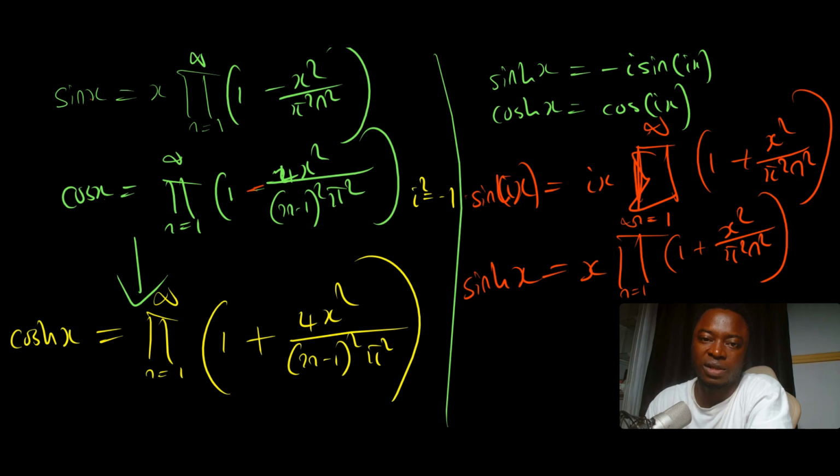For example, if we have to find the integral from 0 to infinity of sine of x over x dx, we are better off using the series for sine. We cannot just say this is equal to the integral from 0 to infinity of x times the infinite product as n runs from 1 to infinity of 1 minus x squared over n squared pi squared, and then over x dx.